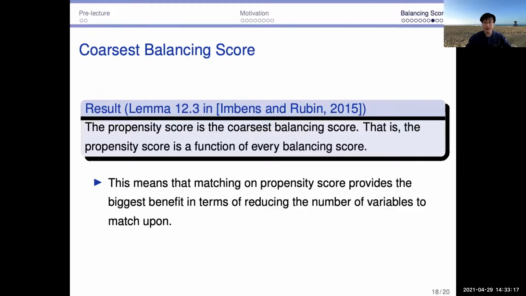But what it means in practice is that suppose we want to find the coarsest summary measure that we can match on, then the propensity score is the coarsest summary measure. In other words, matching on propensity score provides the biggest benefit in terms of reducing the number of variables to match on. But of course, again, it relies on you having good models for propensity scores.